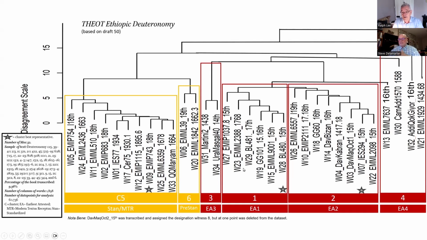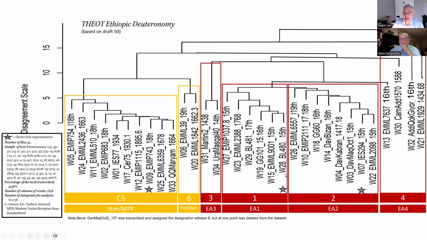So in this dendrogram for Deuteronomy, EA1 and EA2 are separated by a different set of minority variants. Where EA1 cites something, there's a whole set where EA2 has no citation of them at all, and vice versa. This is precisely that data where we saw the uniform cluster behavior in EA1, and then we saw the uniform cluster in EA2, that they never overlapped. This is a reflection of precisely that data.